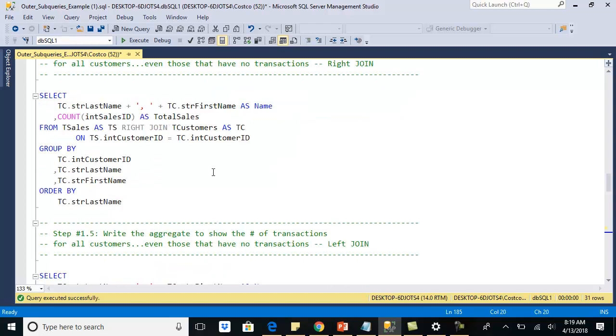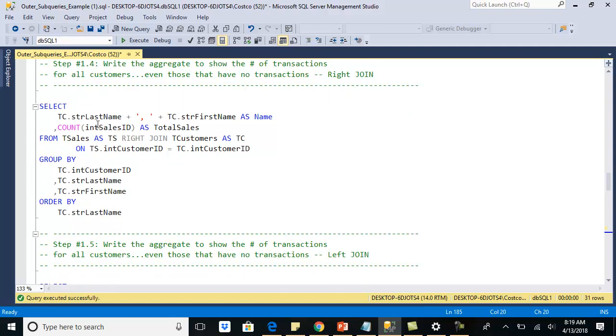So what we're trying to do is look at this piece right here. For an inner join, when we did this, we would only get the count for those customers that actually had transactions, where there are records that match in both tables. Well, there is a great need to understand who the customers are who haven't bought anything, maybe within a time period, maybe at all.